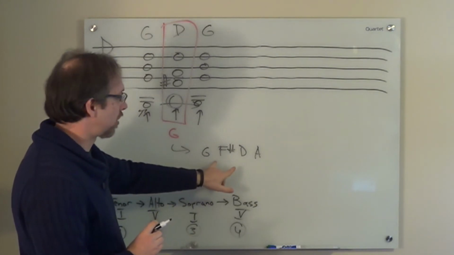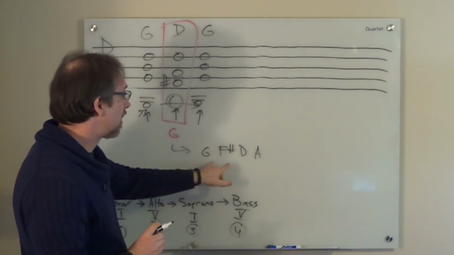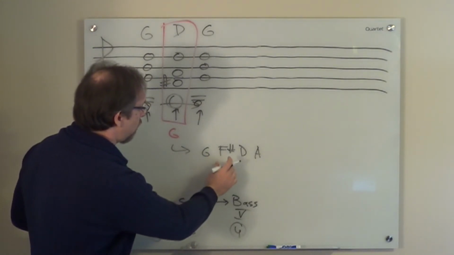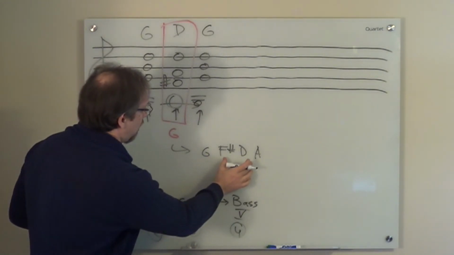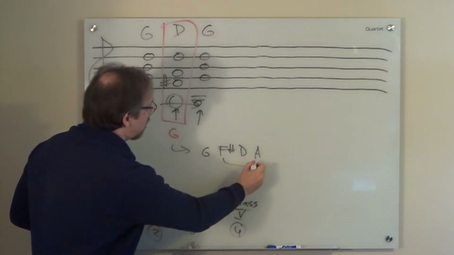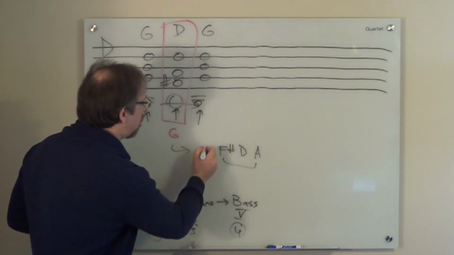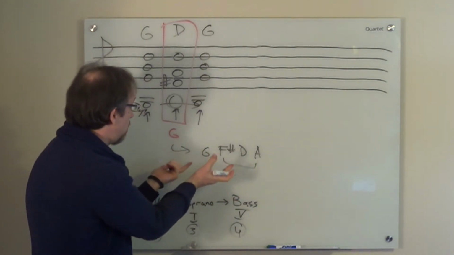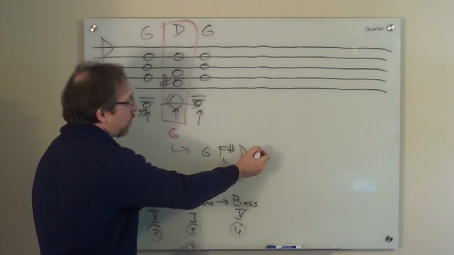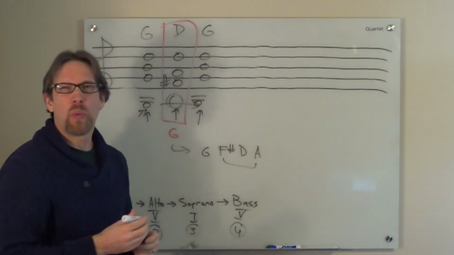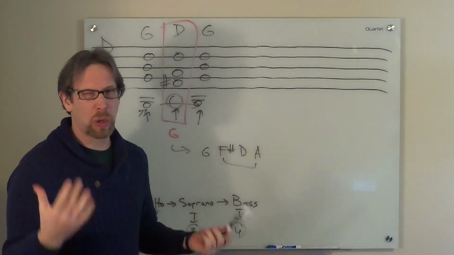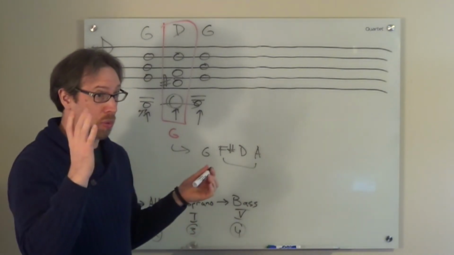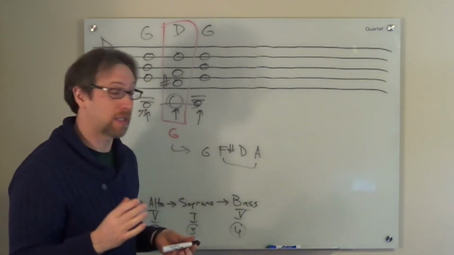But is there any other option here that could be confusing? Now, sometimes you might look and say, well, the F sharp and A, that's a third relation. G, there's no B, but D, F sharp, maybe it's a G major 7th thing, but the A is replacing the B. Whenever you get into those points, it starts getting so complicated. Your ear doesn't hear it like that. Your ear hears the simplest thing.